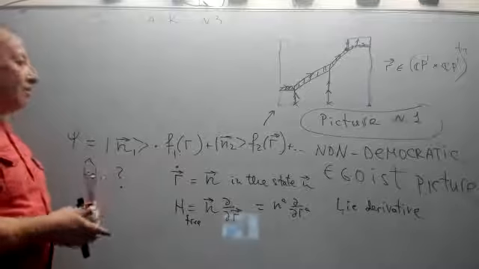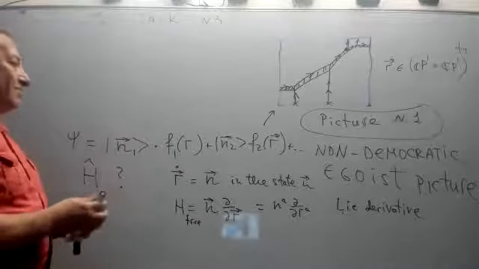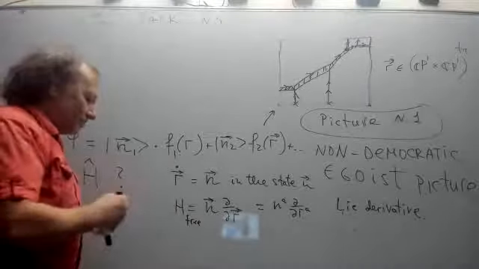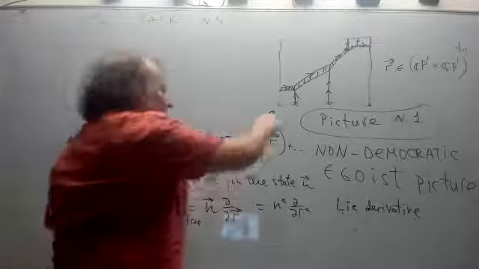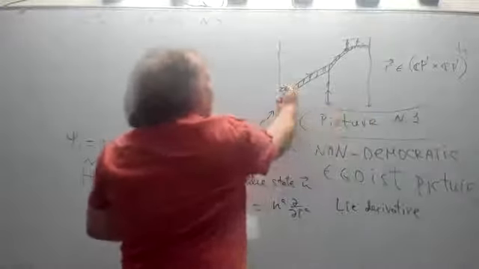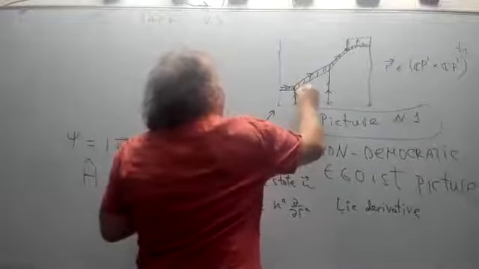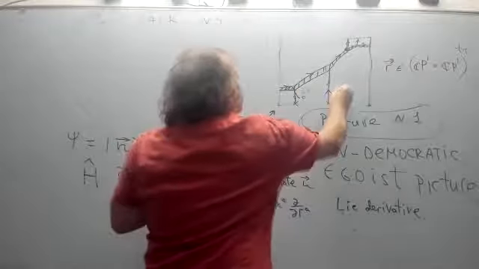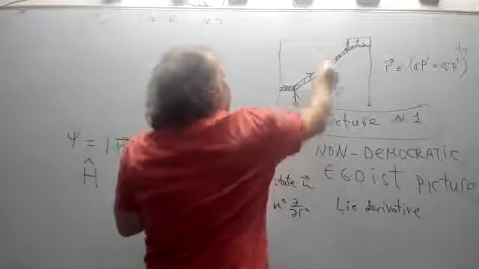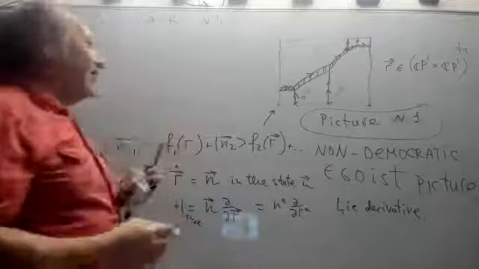So let us see. What is the interaction? These blue lines emit elementary momenta delta.